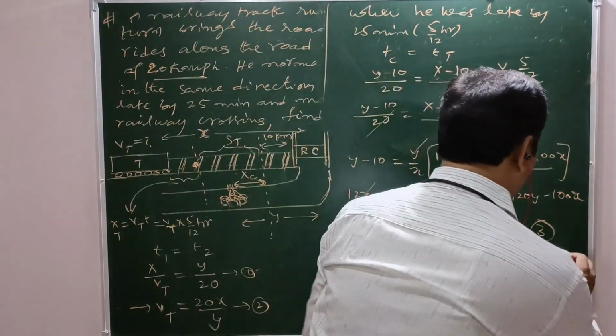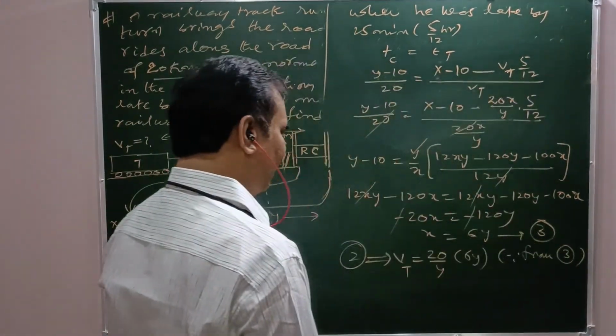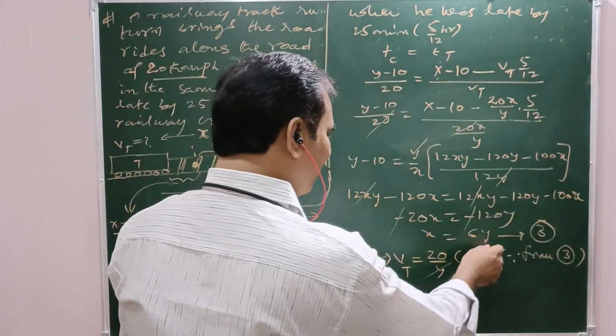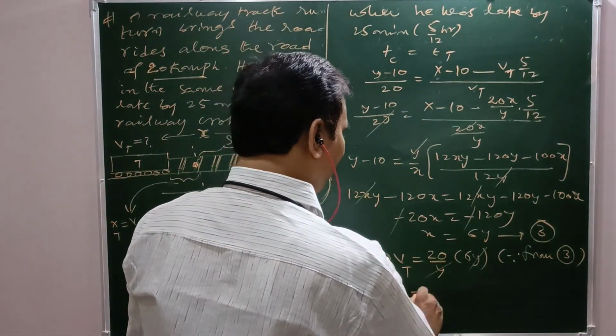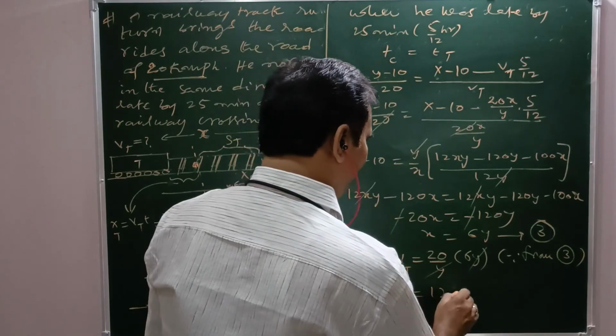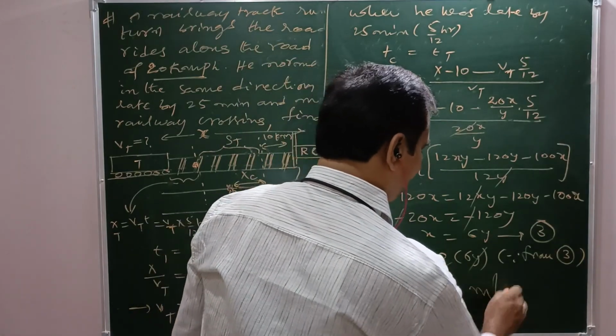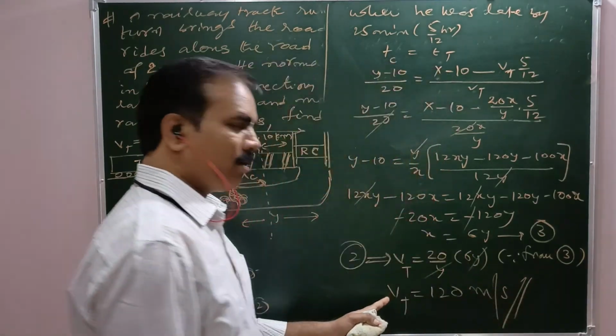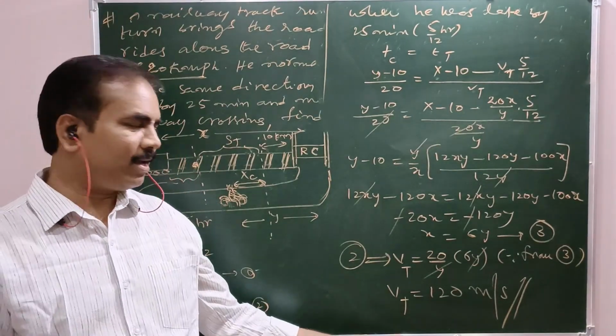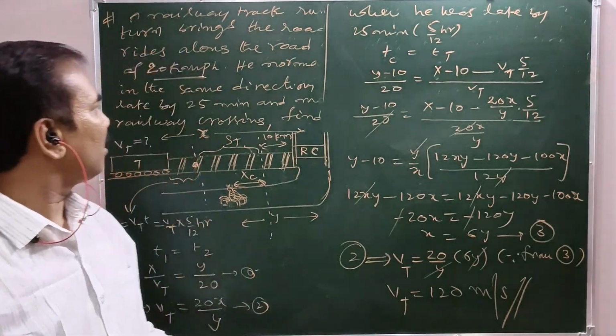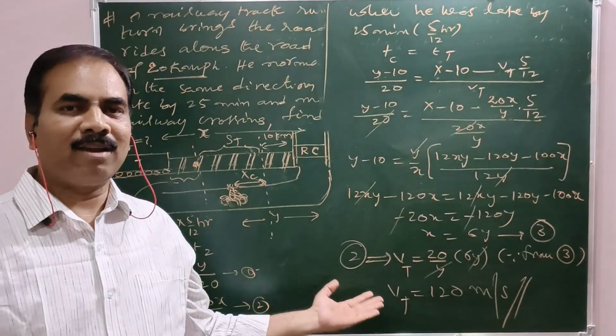So y cancels here, and we are left with Vt equal to 20 into 6, that is 120. So this is the velocity of the train, 120 meter per second. That's how one can find the velocity of the train.